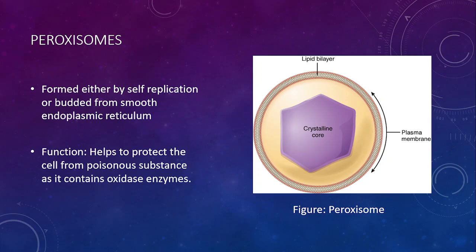Lysosome contains hydrolase enzyme, whereas peroxisome contains peroxidase enzyme. The function of lysosome is to digest the food particles or unwanted matters. In a nutshell, the function of lysosome is to digest, and the function of peroxisome is to protect ourselves from the harmful consequences of free radicals.